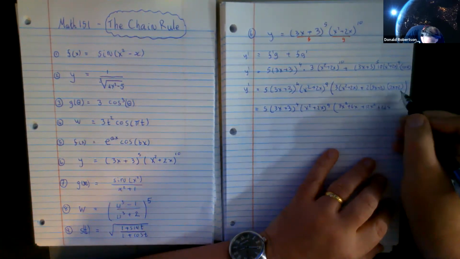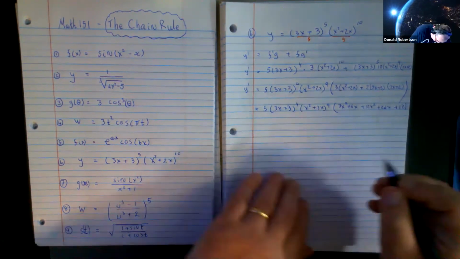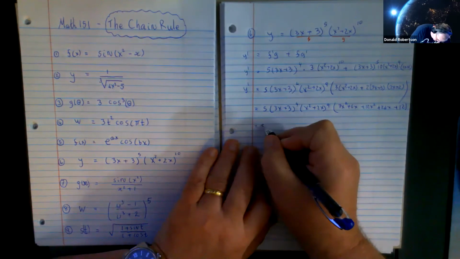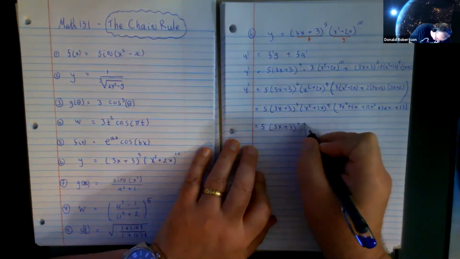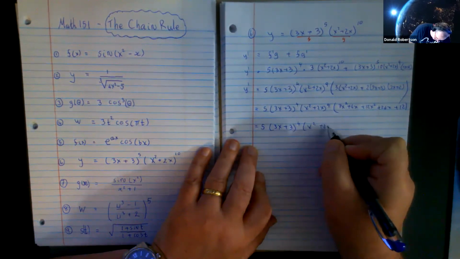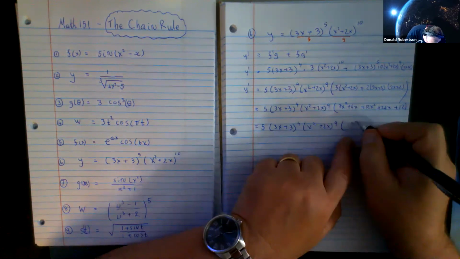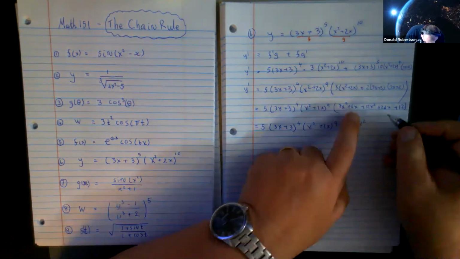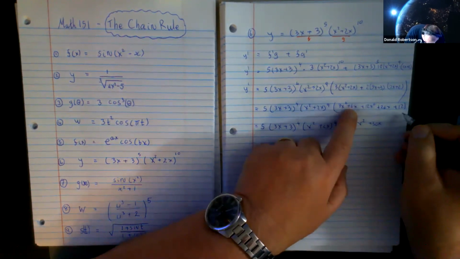And 3 times 2 is 6, and then double it, you get 12. Those guys get you 15x squared. Those guys get you 30x and a 12.